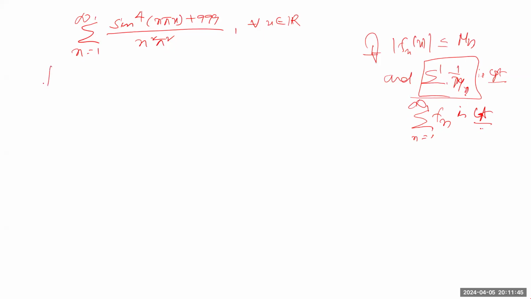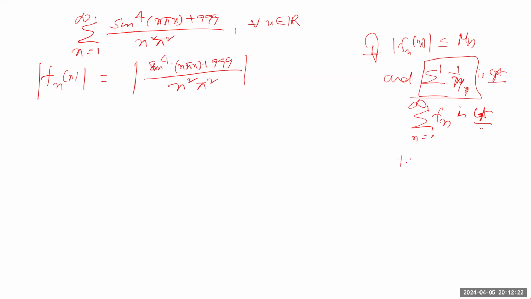So here, what is modulus of Fn of x? It is equal to sin to the power of 4 n pi x plus 999 over n square pi square. So we need to verify one by one.